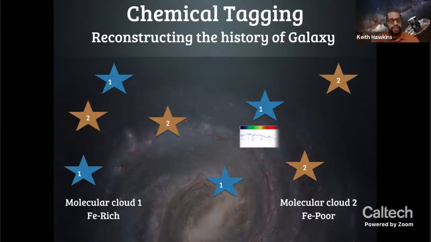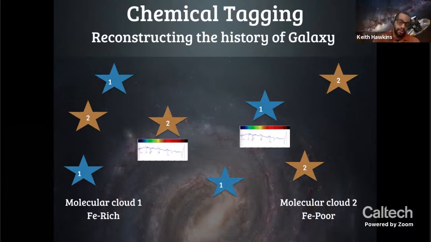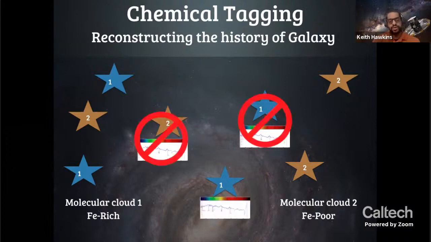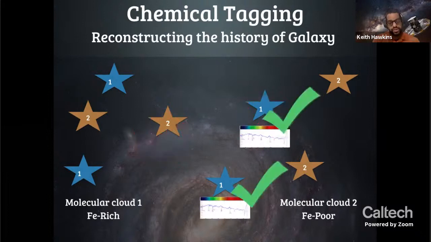If I take a spectrum of star 1 and a spectrum of star 2, then I realize that these two stars don't come from the same birth cloud because one is metal rich, the other is metal poor. But if I take a spectrum of these two stars and realize they have the exact same metallicity, and in fact the exact same chemical abundances in all of the elements I study, then maybe they were born together.